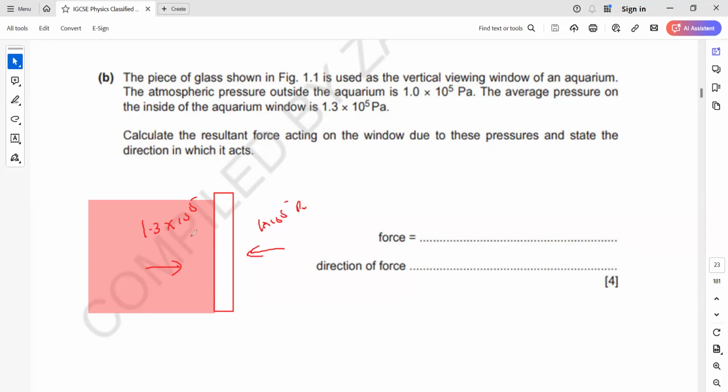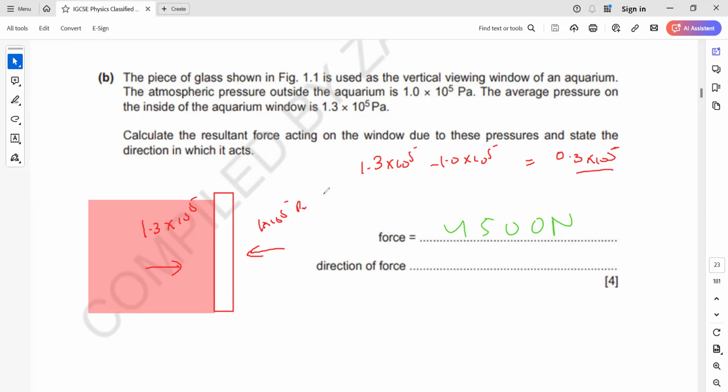We need the force and its direction. First, because the two pressures are in opposite directions, we subtract. So it will be 1.3 into 10 to the power 5 Pascal minus 1.0 into 10 to the power 5. This gives us the resultant pressure, which is about 0.3.